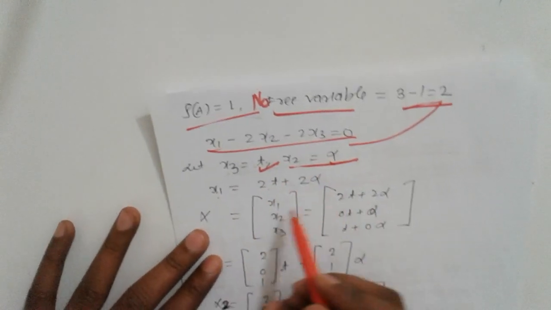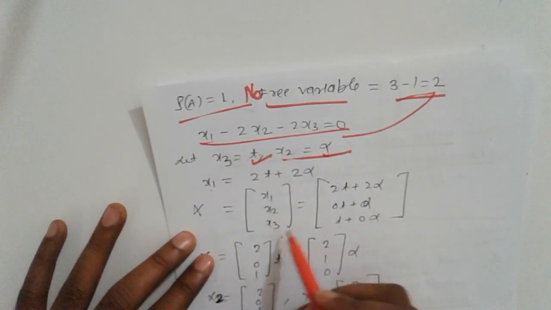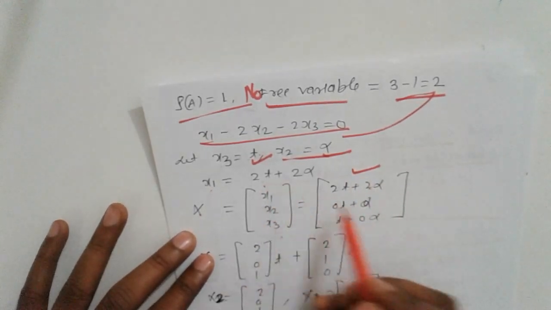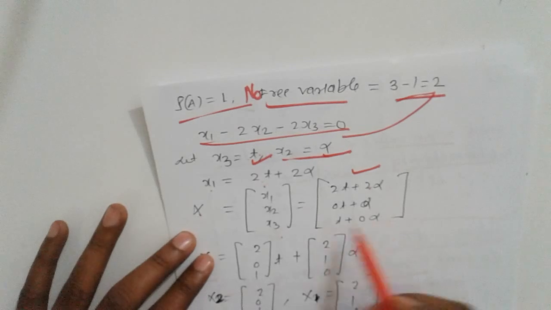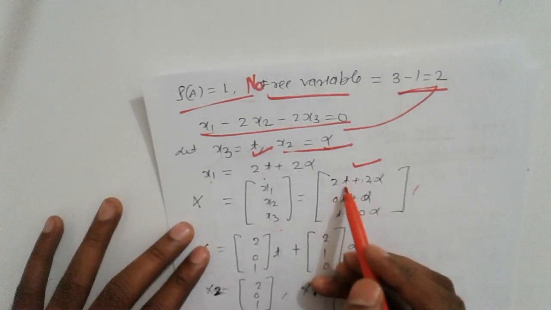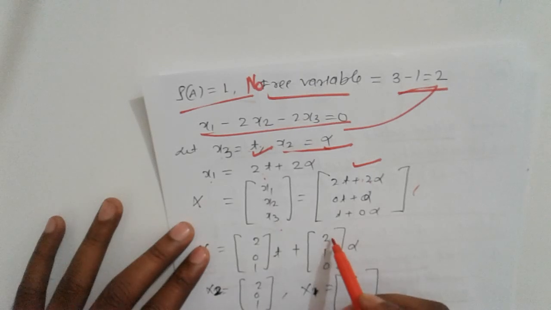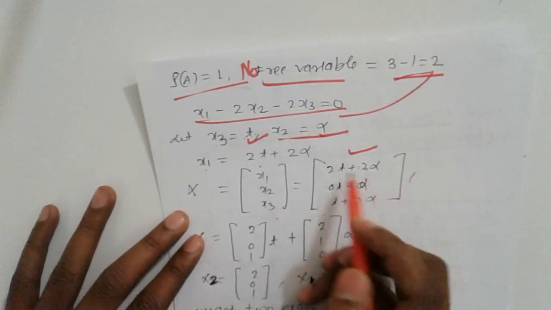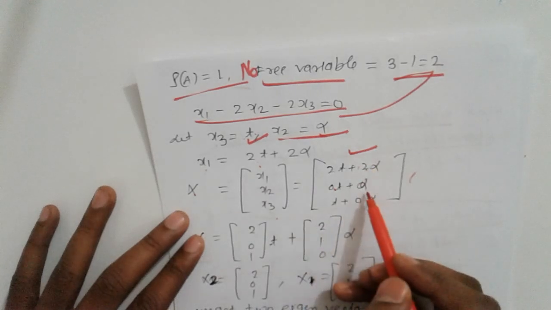x1 equal to t plus 2 alpha, and put this value into the vector x equal to x1, x2, x3. So this is 2t, 2 alpha, 0t, alpha and t. Separate using the matrix property, t times 2 0 1 and alpha times 2 1 0.